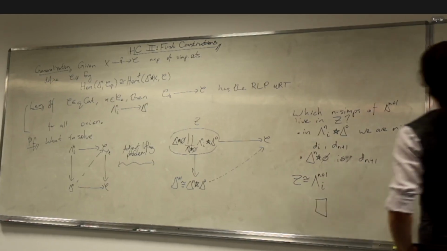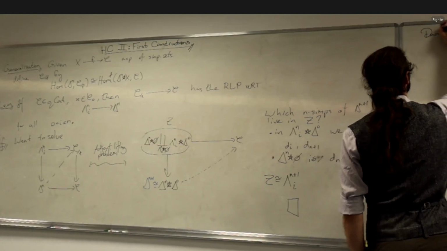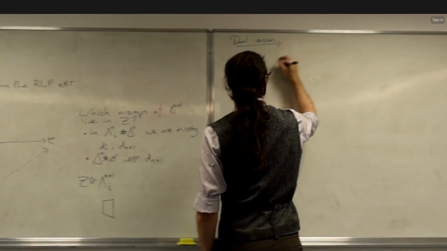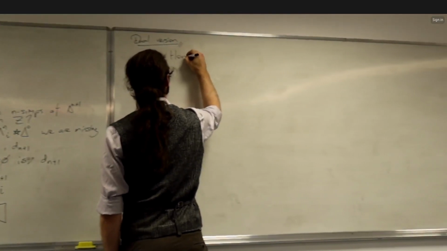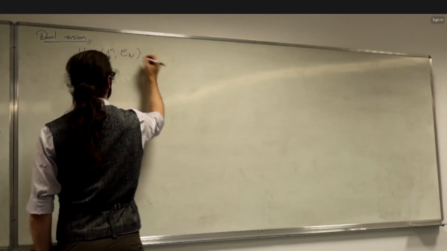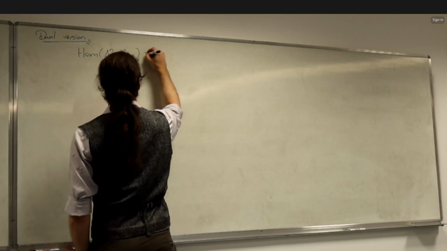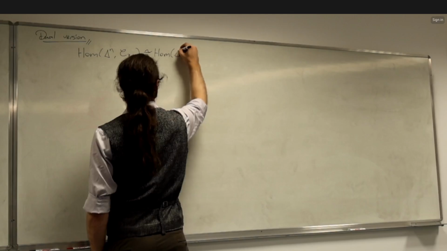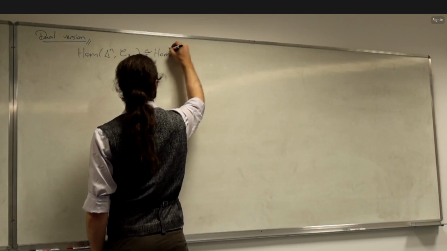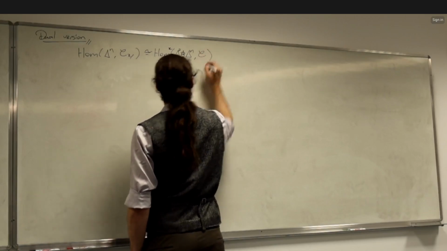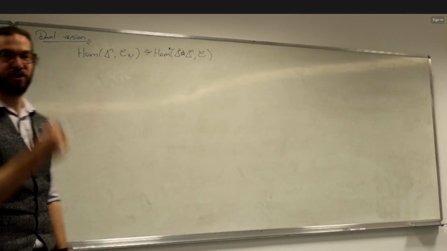So the dual version is we can define C_x over, the other slice, just by reversing the direction of the join.